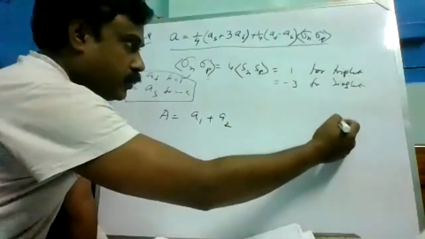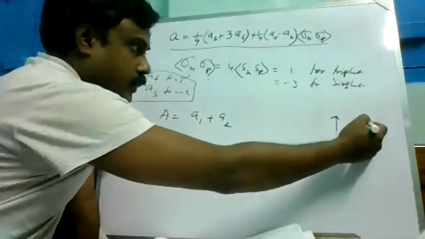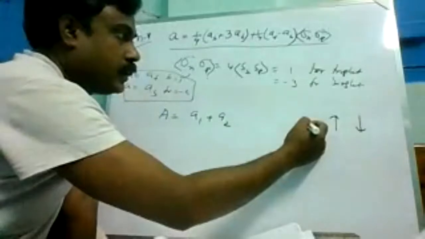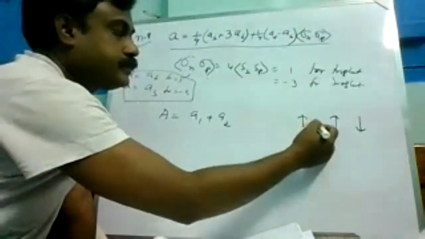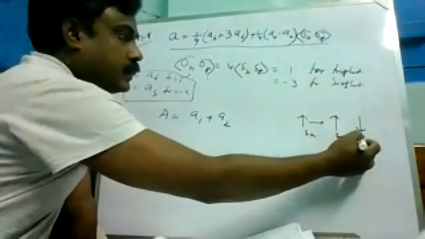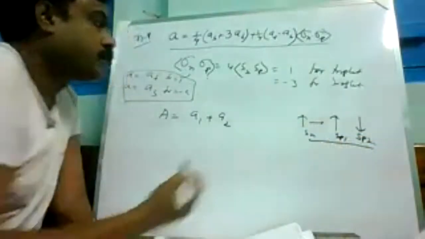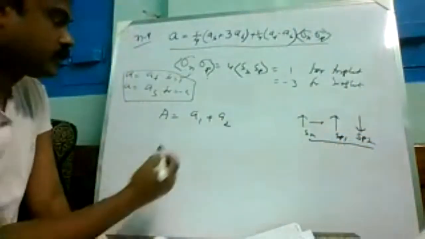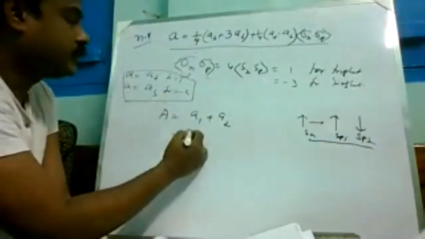Means there are two protons, either parallel or anti-parallel. One neutron is there, Sn, Sp1, Sp2. So A1 plus A2. We have already derived the formula.